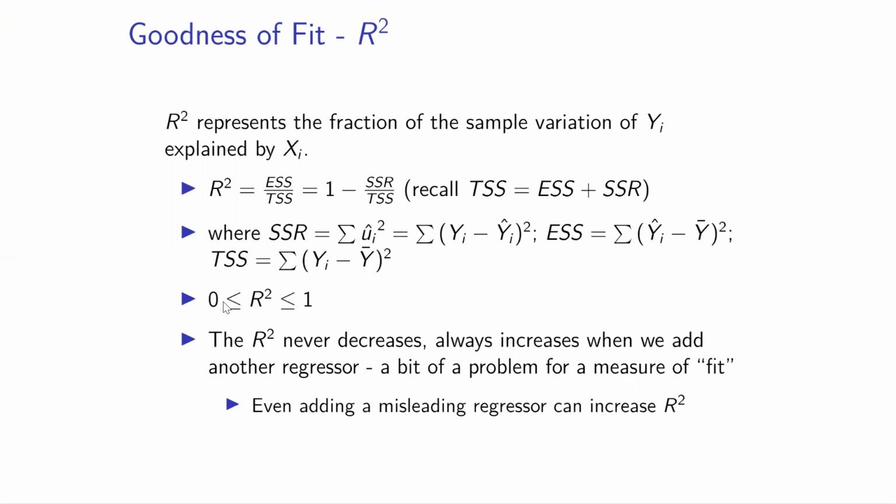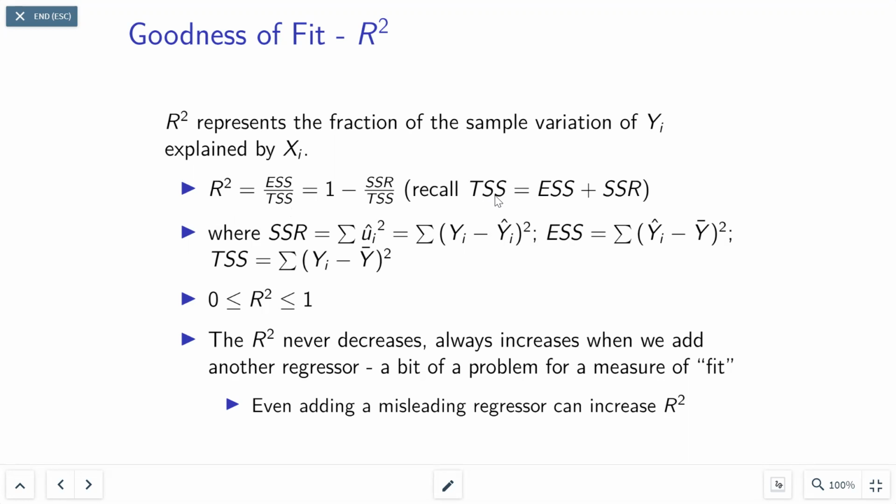As with one-variable regression, we also use R-square to measure the goodness of fit. R-square represents the fraction of the sample variation of the y variable that is being explained by the x variable. By definition, R-square is given by the explained sum of squares divided by the total sum of squares, or ESS divided by TSS.